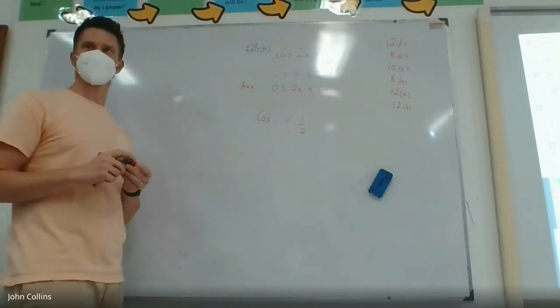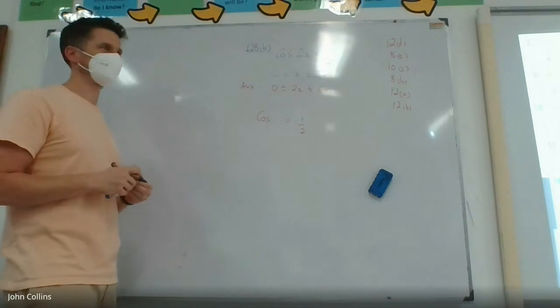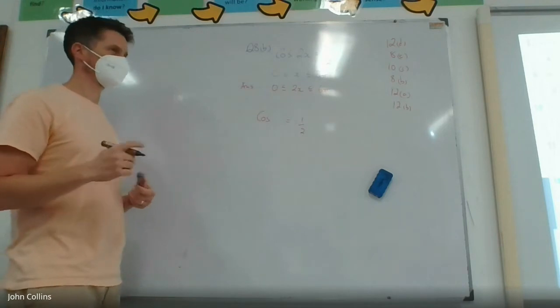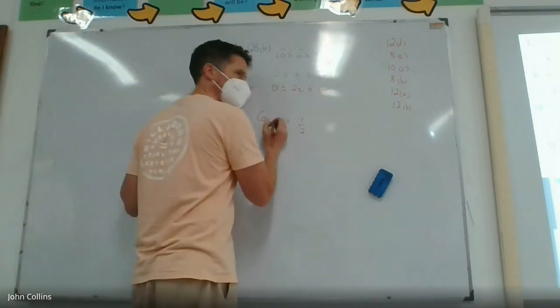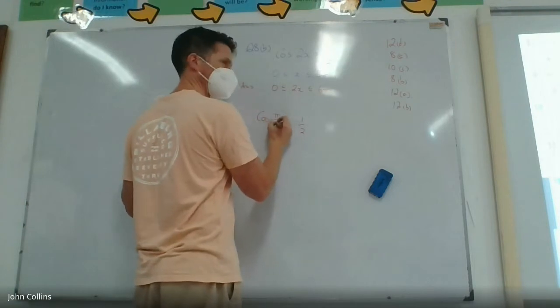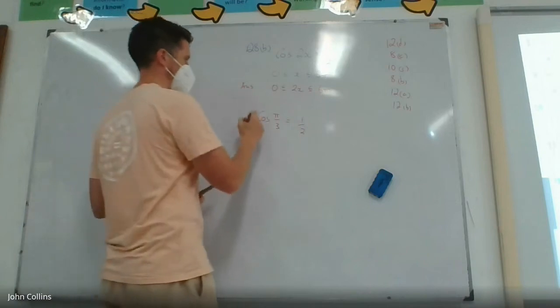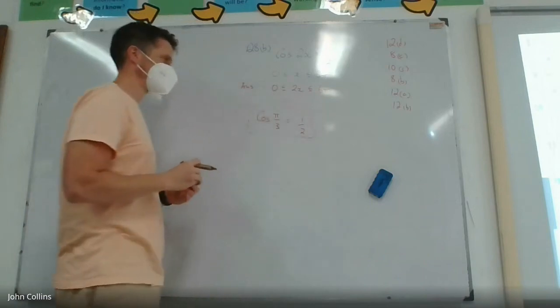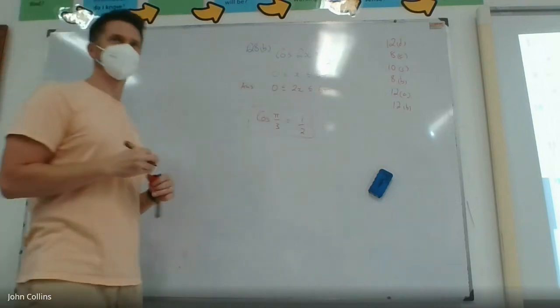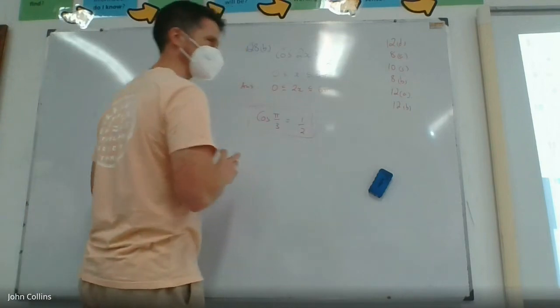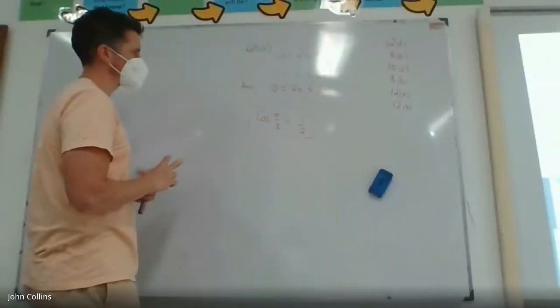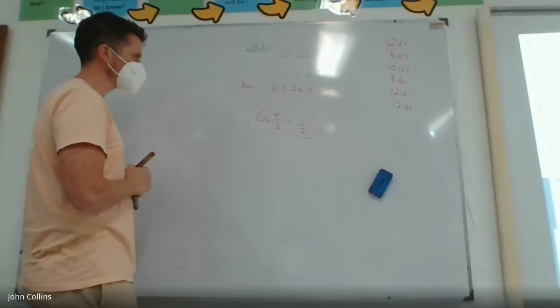I'm going to ask one of the other people. Riley, what's cosine 1/2? Pi over 3. Sure. Anyone want to disagree with that? Nope. Okay, so that's good. Pi over 3, sweet.